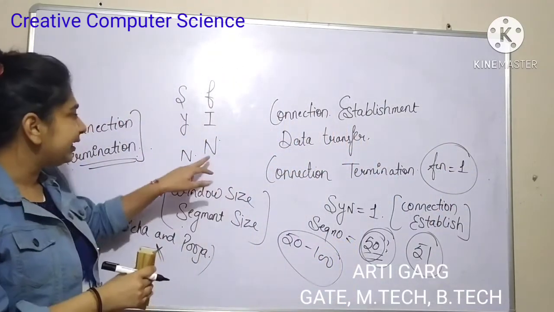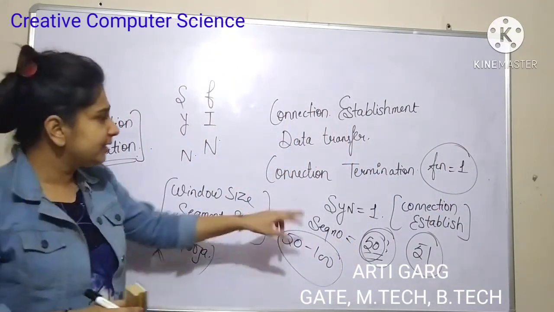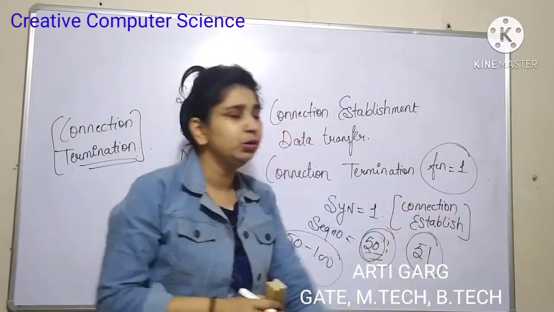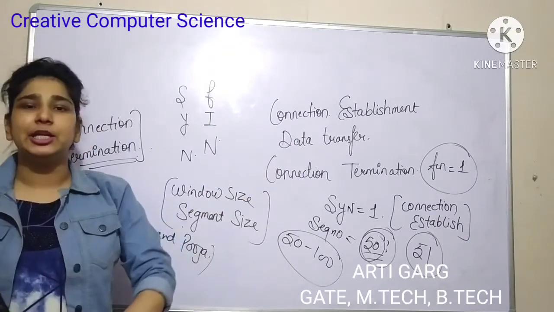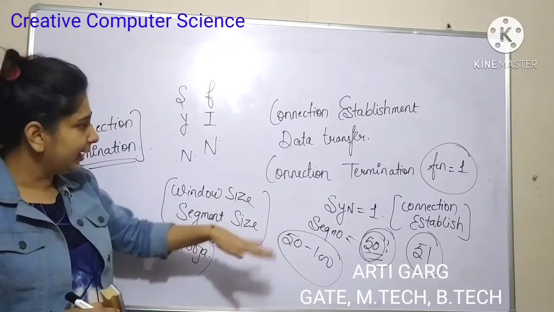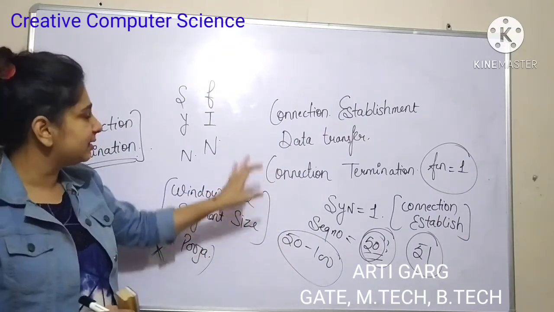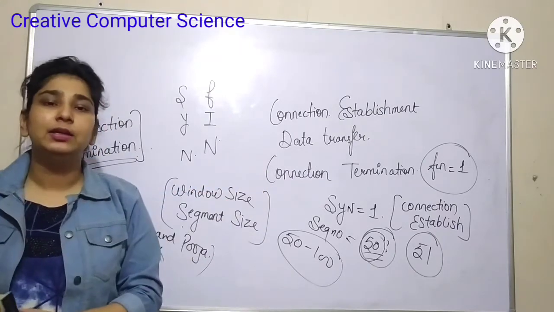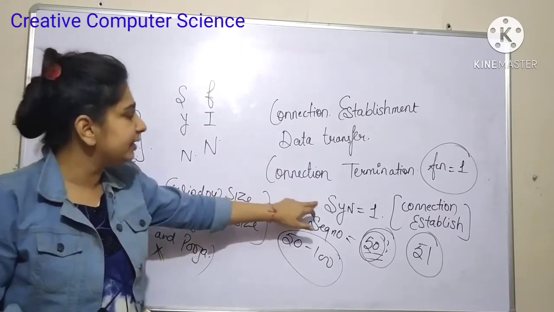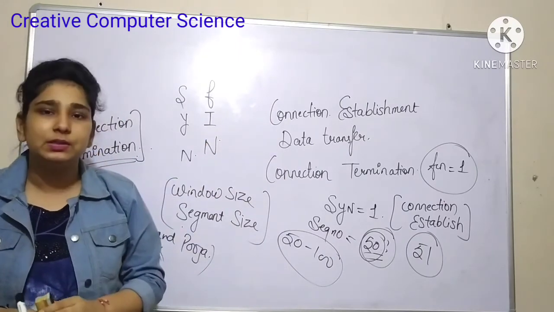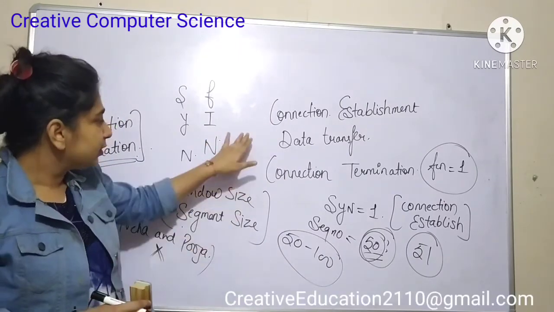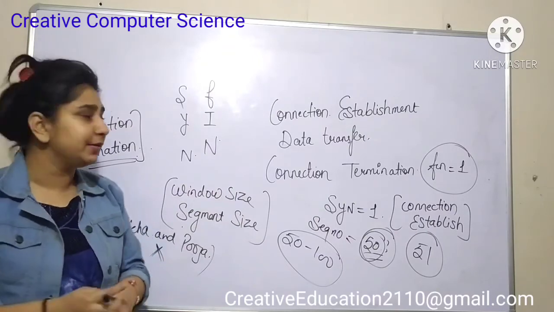It is going to enable the FIN bit, set the FIN bit to 1, and tell the receiver, I want to terminate the connection with you. So this way we terminate the connection. And the SYN bit is used when we have to establish a connection with the receiver. I hope you understood.